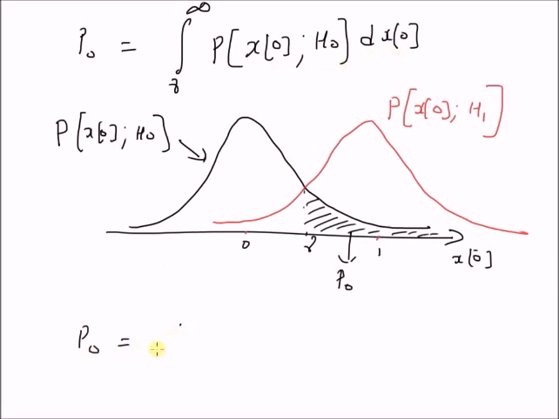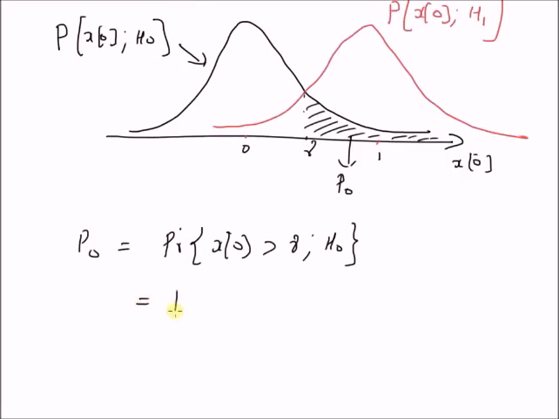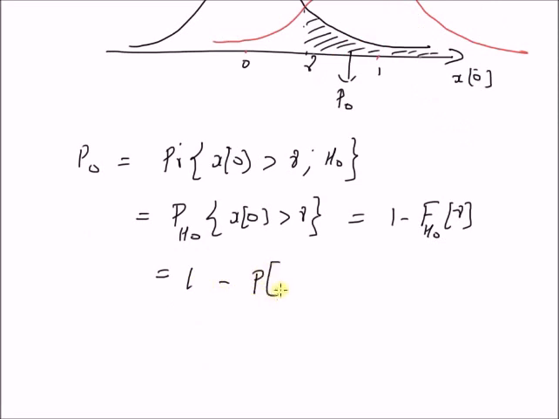So P0 is the probability under H0 that x of 0 is greater than gamma, which is equal to 1 minus the CDF under the null hypothesis at gamma, which is 1 minus the probability of x of 0 less than gamma.